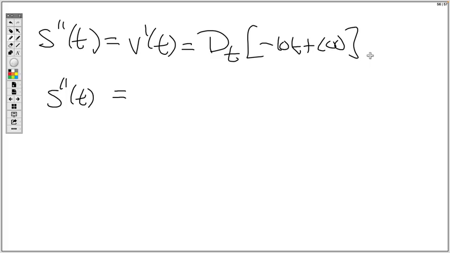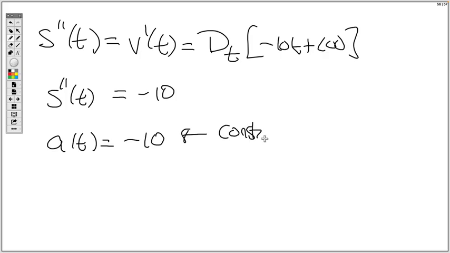I'm just asking for the slope of that linear function, which is what? Negative 10. So my acceleration a of t is negative 10. So we have a constant acceleration. The negative means the acceleration is pointing in what direction? Downward.